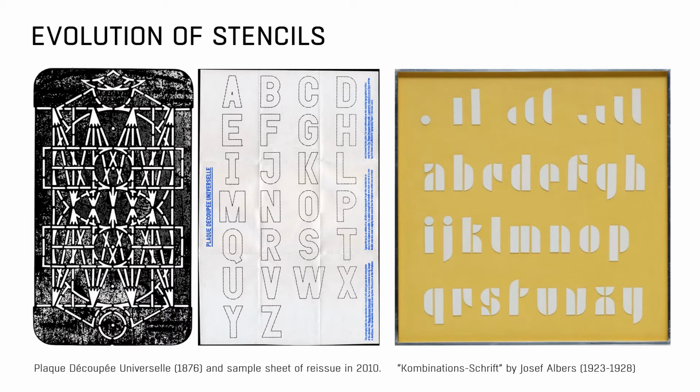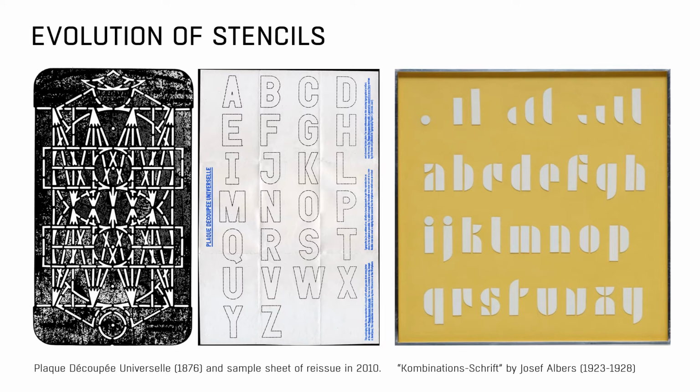Another ingenious stencil was the Plaque découpé universel, designed by American Joseph A. David. It is a single plate, 65 by 130 mm, that has a series of horizontal, vertical, curved, and angled perforated guides with which you can draw the profile of any letter or number and even make ornaments.